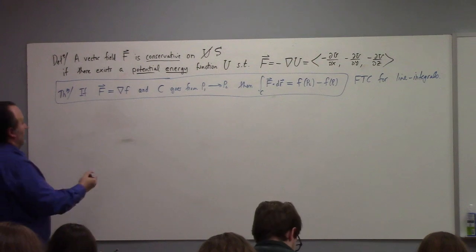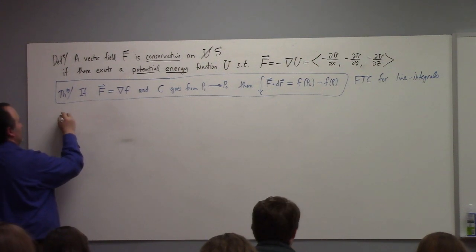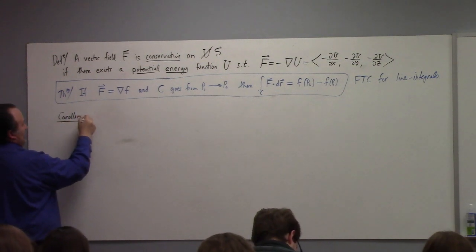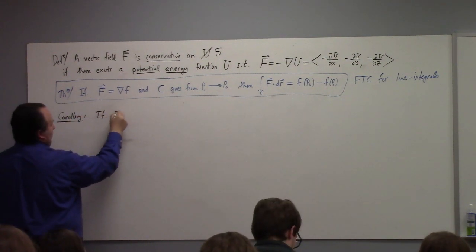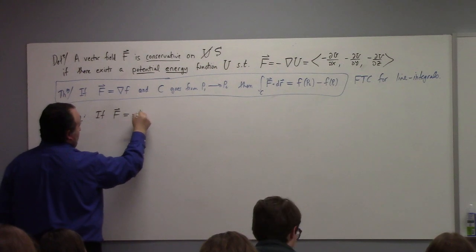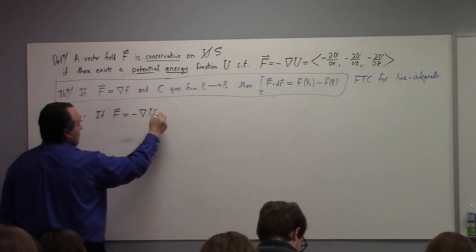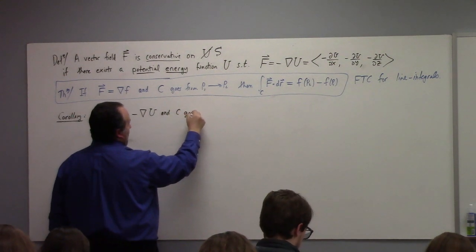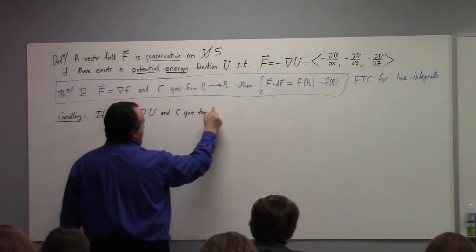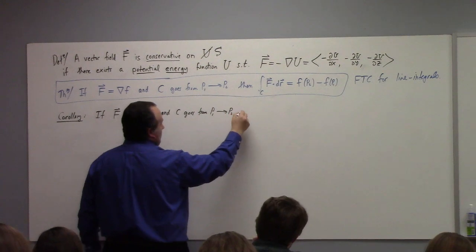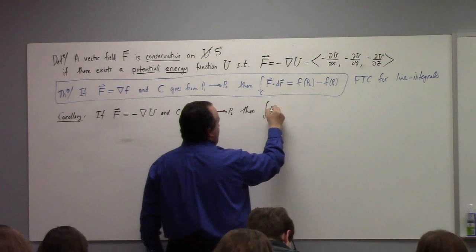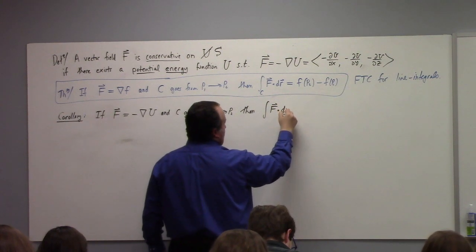So corollary to this theorem: if F is conservative, and c goes from P1 to P2, then the integral of F dot dr is equal to what?